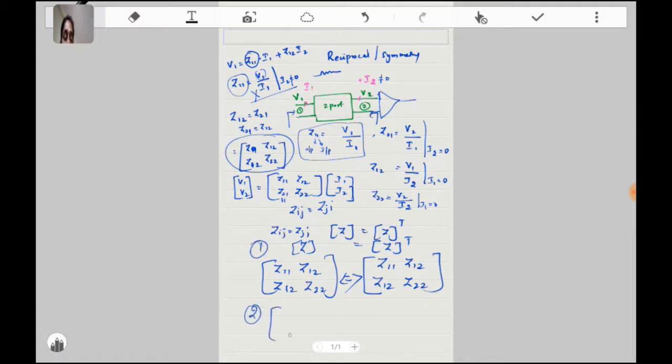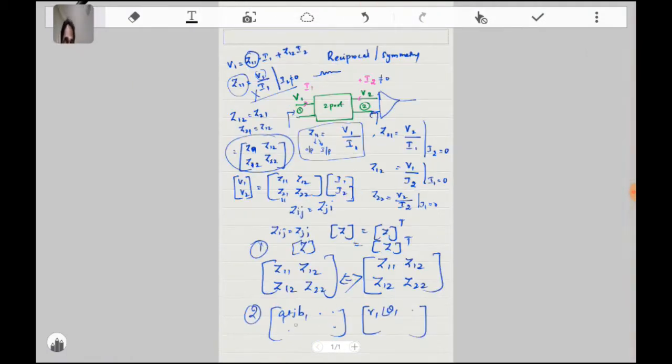Another property: the Z parameter values, I told you, can be a complex number, a plus jb, like a1 plus jb1, a2 plus jb2. It can be a complex number. This is a rectangular format. Even in polar format I can write r1 theta 1, r2 theta 2.